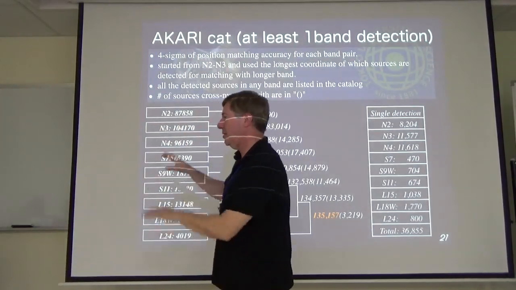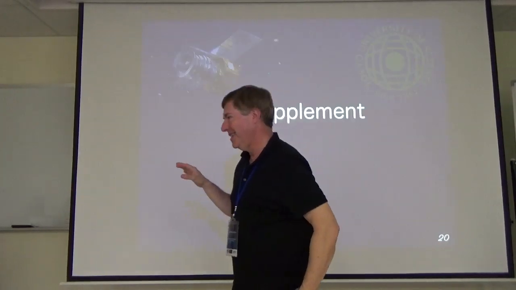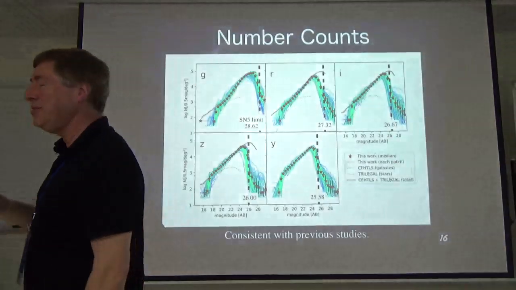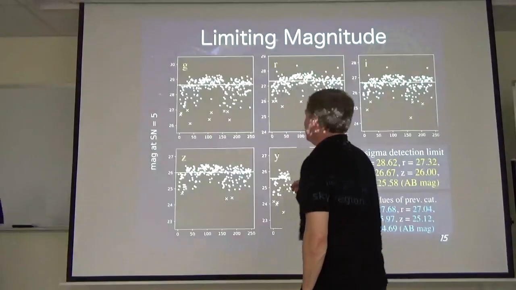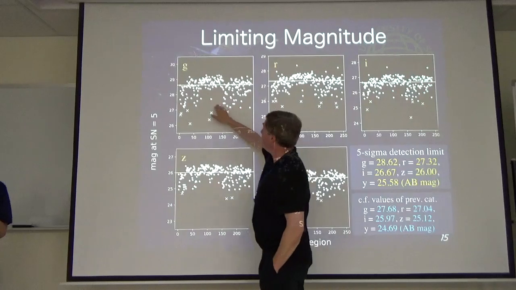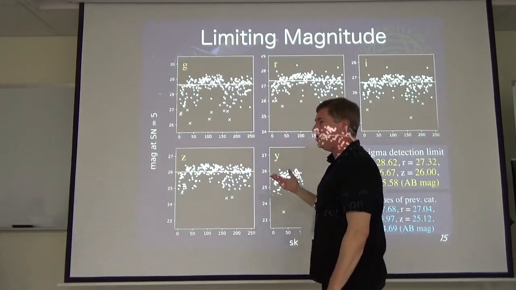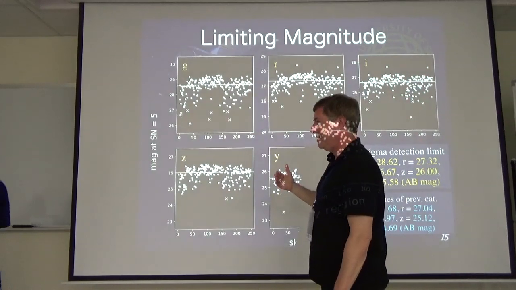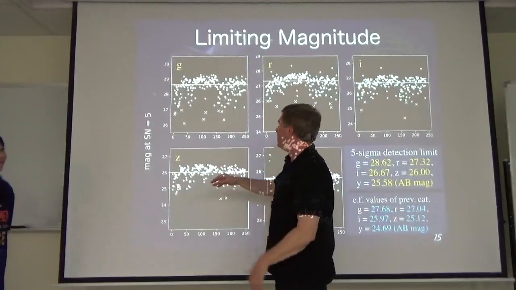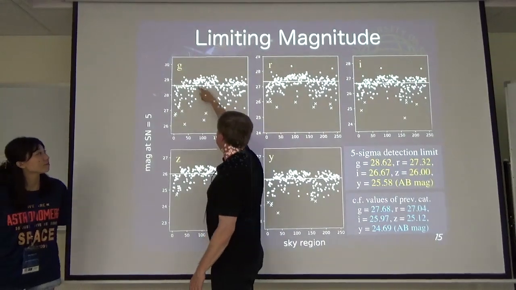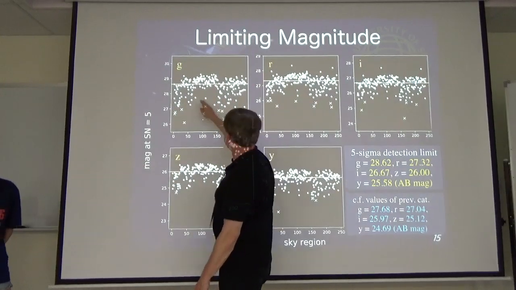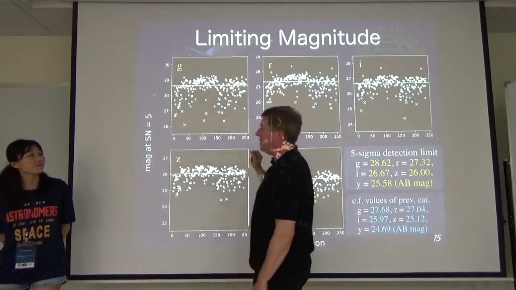Could you go back to the slide that shows limiting magnitudes? Not to obsess too much about this, but there are a significant number of fields which appear to be almost 1 magnitude less deep. Maybe in previous estimates they just took an average and said, oh, we're not really very deep. But you show it's usually pretty deep.